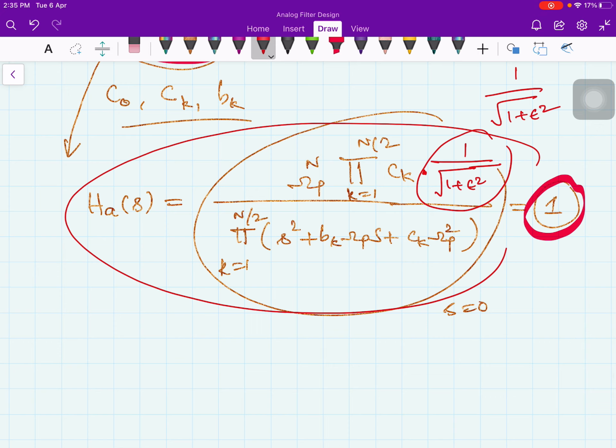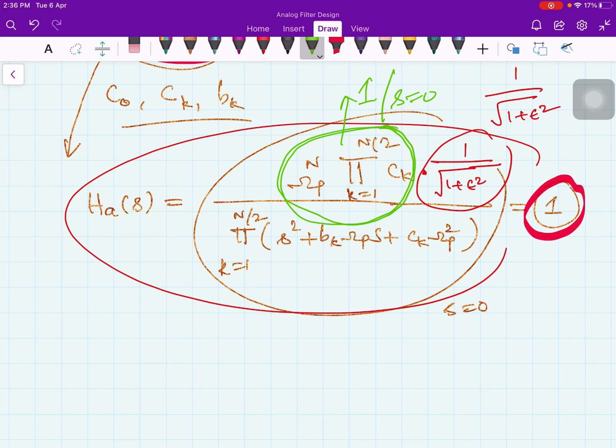If the order is odd, the magnitude starts from 1, right? If the order is even, the magnitude starts from not 1 but 1 by square root of 1 plus epsilon squared. Okay, so all these constants were required to make the magnitude equal to 1 when s equal to 0.